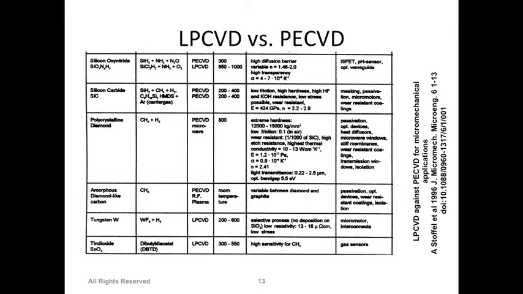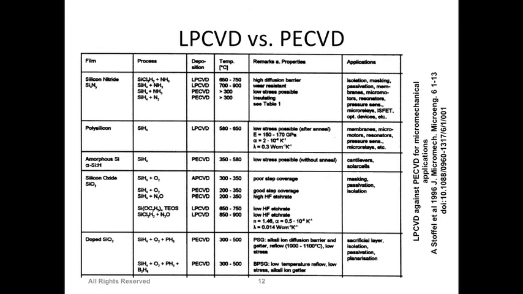All these materials can be deposited with LPCVD or PECVD. Let's take a simple example, silicon dioxide. With PECVD, the requirement is 200 to 350. With LPCVD, the temperature requirement is 650 to 750, or for different gas sources you require 850 to 900. So it's a much higher temperature.